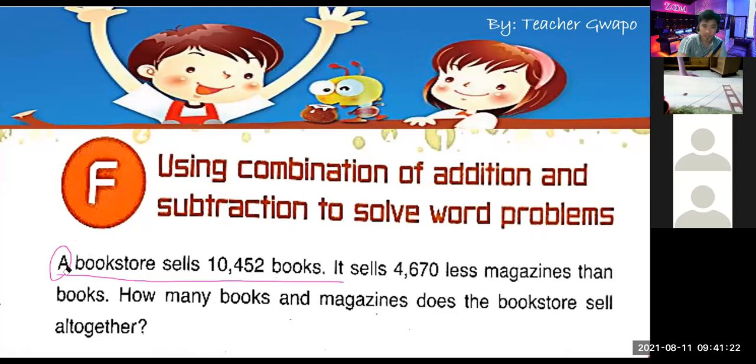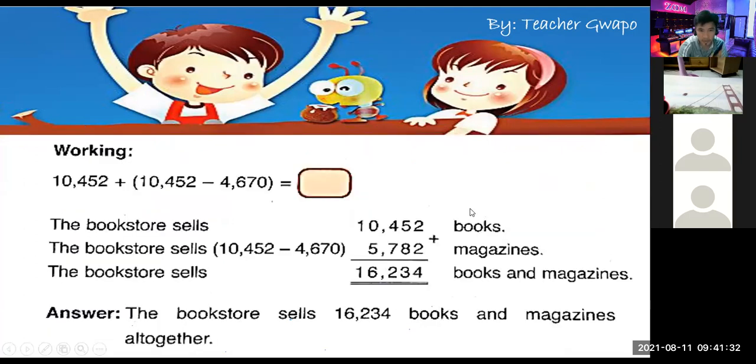And then after that, the bookstore sells, as you can see there, if you make an equation, or a mathematical sentence, it looks like this. You will write there 10,452 plus 10,452. Why are there two numbers at the same value, 10,452 and 10,452?